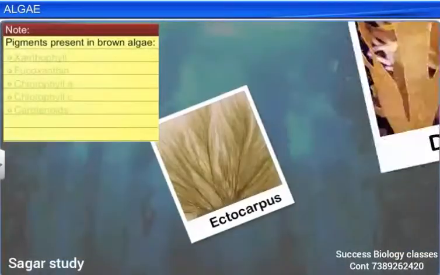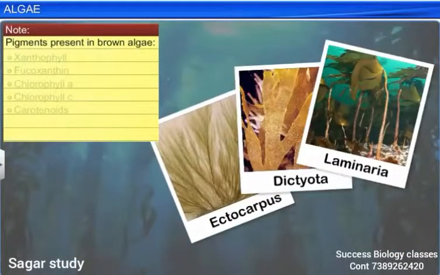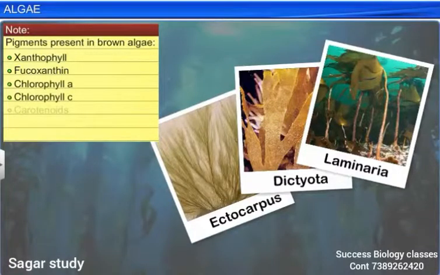They also vary in color due to the varying concentrations of the pigments, xanthophylls and fucoxanthin. Apart from these pigments, chlorophyll A, C, and carotenoids are the other major pigments found in brown algae.